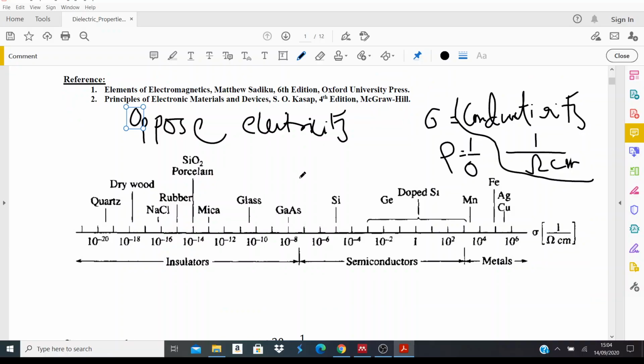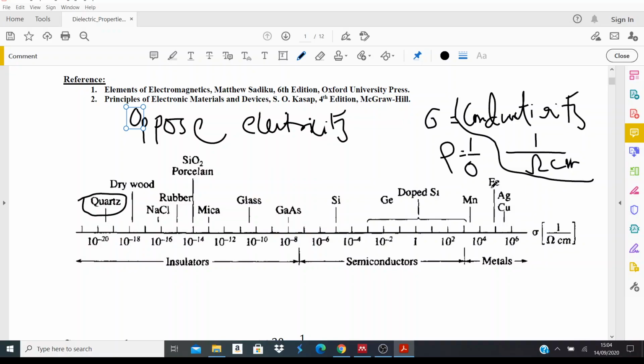Now let me show you a spectrum where I'm plotting the range of the electrical conductivity of different materials, right? So let's say on the very far left end we have quartz, dry wood, rubber, and then we have gallium arsenide, silicon, germanium, then manganese, iron, silver, copper, right?